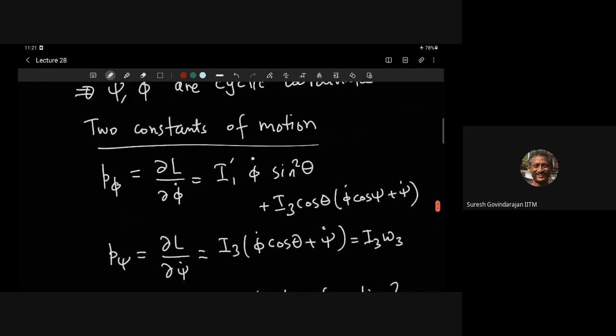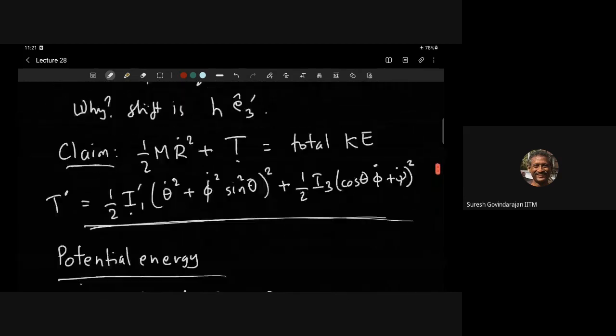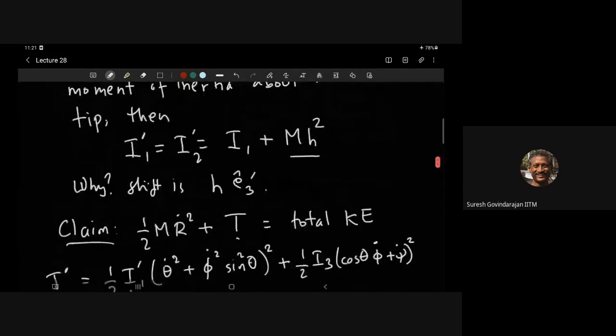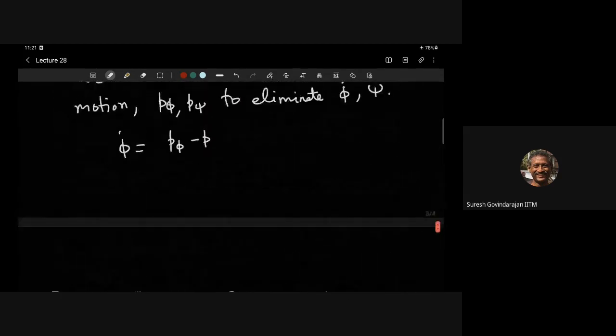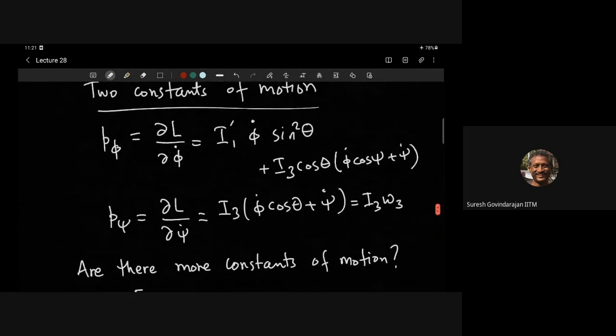Let's come back to this. Where did I compute P phi and P psi? Here. So we have to do some calculations, and we get P phi as this thing. We want P phi minus P psi cos theta.